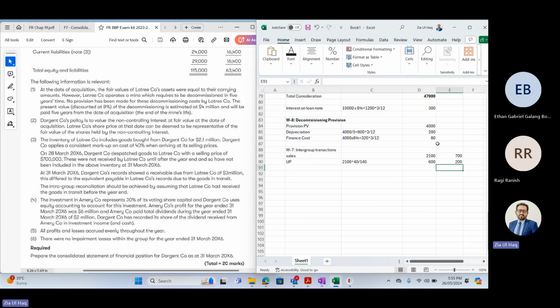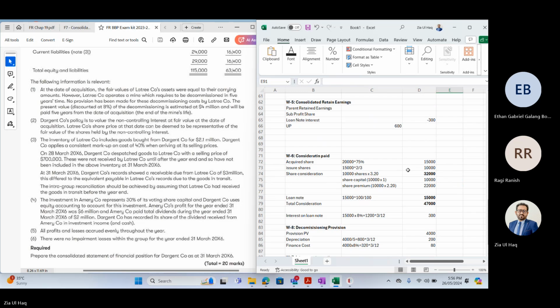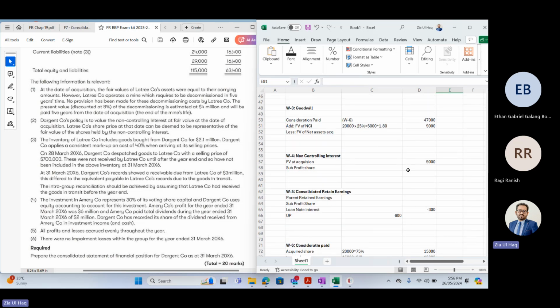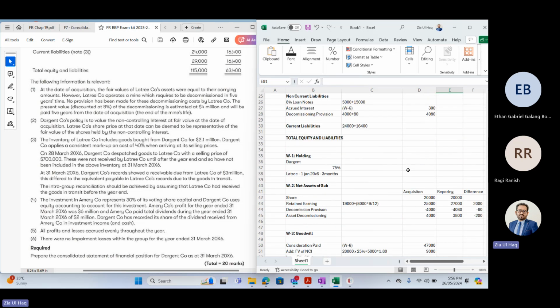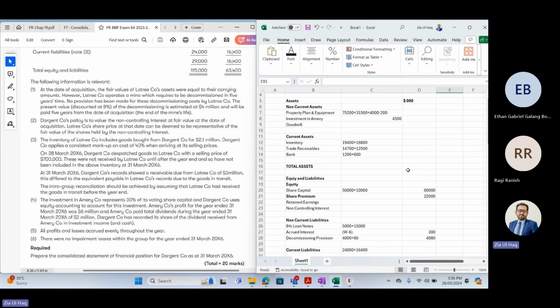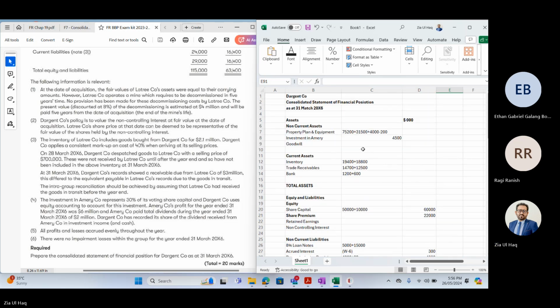This means altogether the unrealized profit part is 800. That we need to reduce from inventory. There is our inventory here. 800.